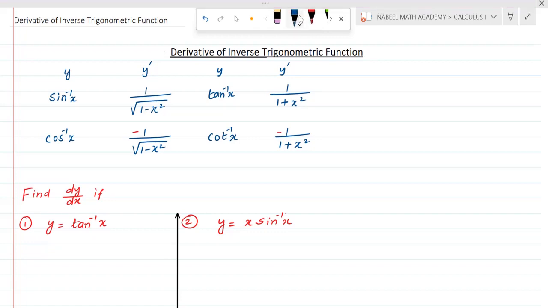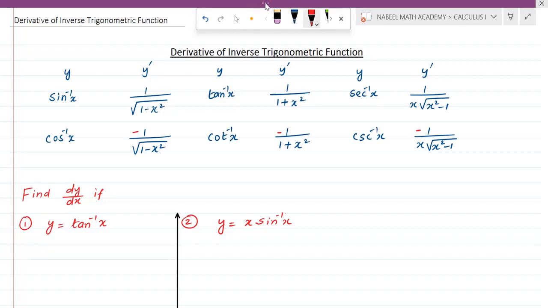Now the next two trigonometric functions are cosec and sec. For secant inverse x, the derivative is 1 over x square root of x square minus 1, whereas cosec inverse x has the negative sign. That's it.